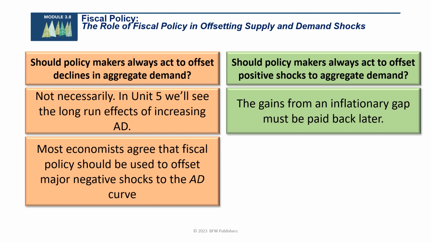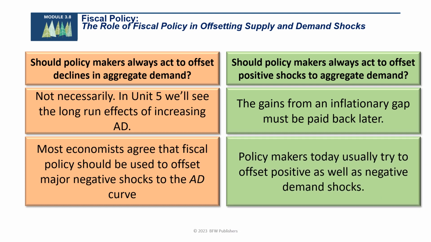And the idea that, okay, it must be paid back later, because inflation is eroding purchasing power. The last and final idea here is that policymakers agree that, to some magnitude, even to address demand-pull inflation, contractionary fiscal policy would be in order. Again, this is open to debate.